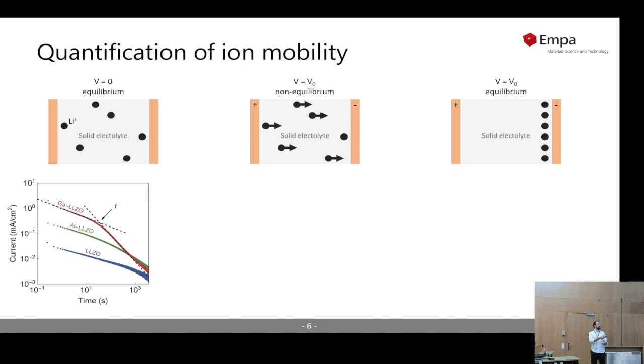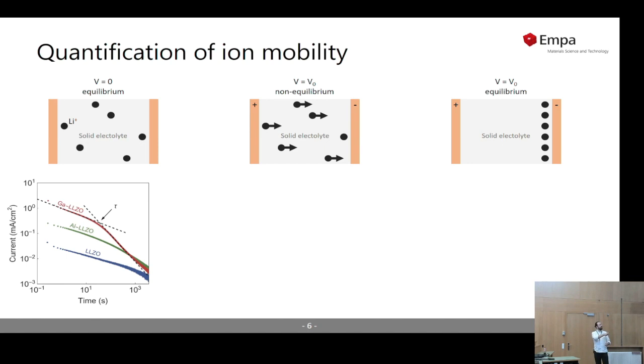So at the moment, I'm using a rather simple formalism where I assume the ions are all homogeneously distributed, and then I apply a bias, they will all start moving more or less at the same time towards the interfaces. As they do, you will measure current until the ions have reached the interfaces. Then the current will decrease. So we can expect kind of a straight line and then a sharp kink.